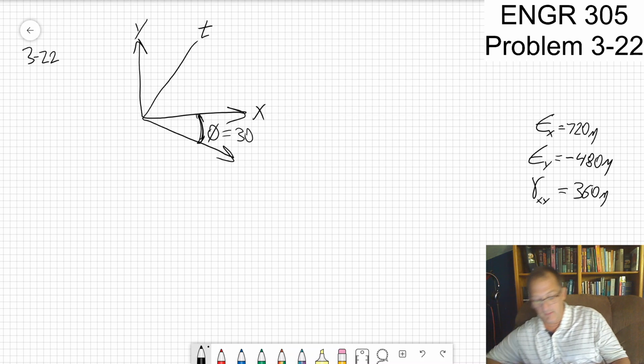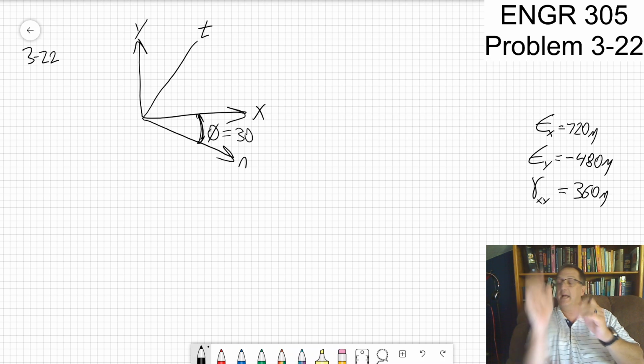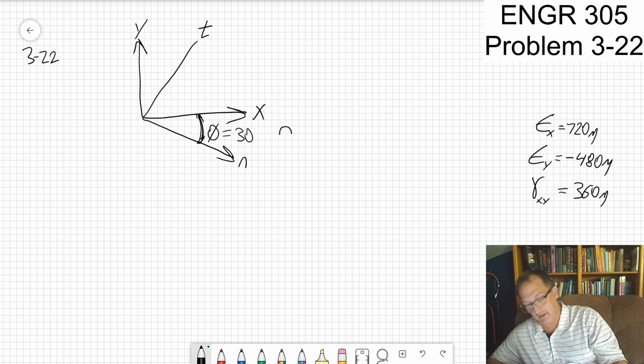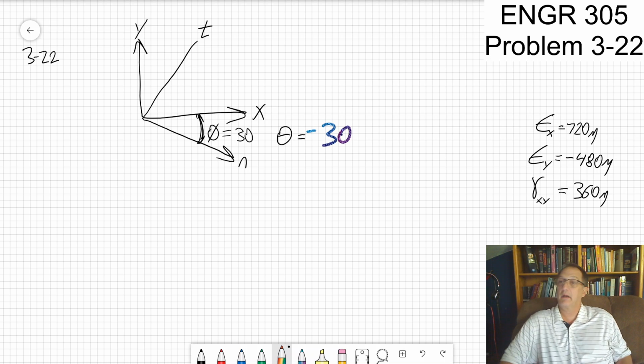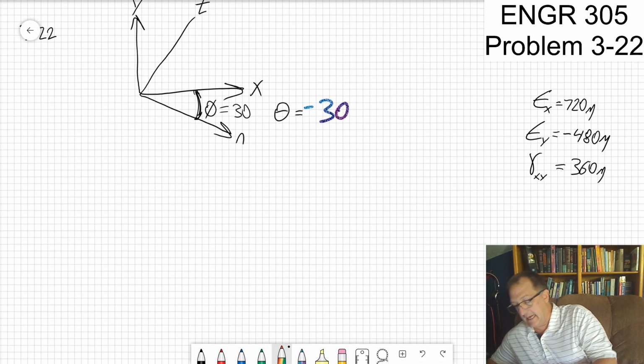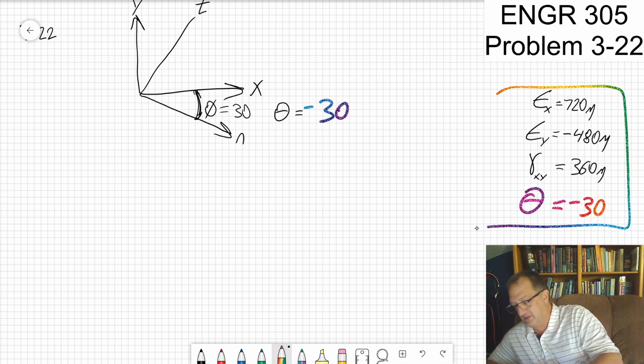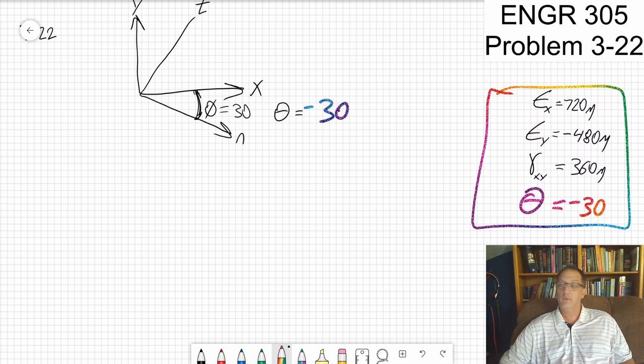Remember, we measure from X to N in a counterclockwise direction, right-hand rule from X to Y. So theta, and this is important, is a negative 30 degrees. There's our problem right there. That's everything we need to know.